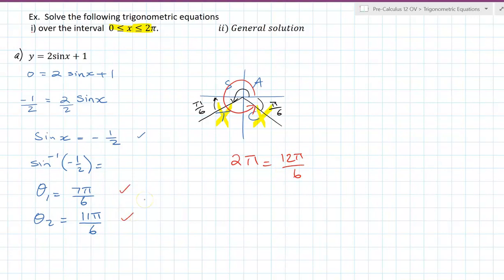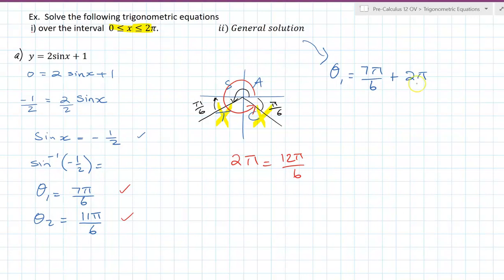That's it. Now remember that in this case, the period of the sine function is 2 pi. We know that. And that means all of these values are going to repeat every 2 pi. So for the general solution in here, we know that the first angle, theta 1, will be 7 pi over 6, but it repeats itself after every single turn of one full period.